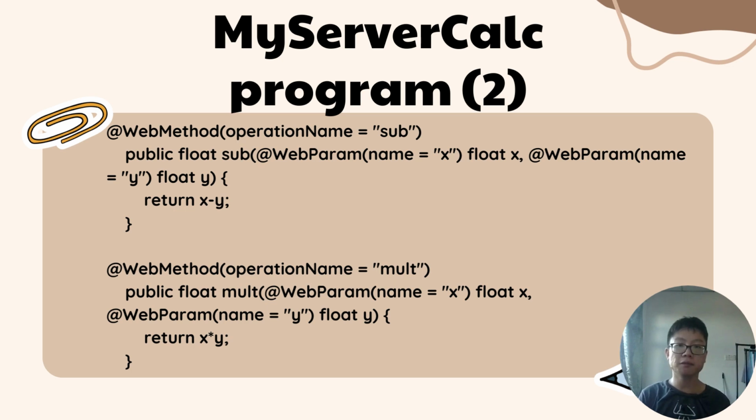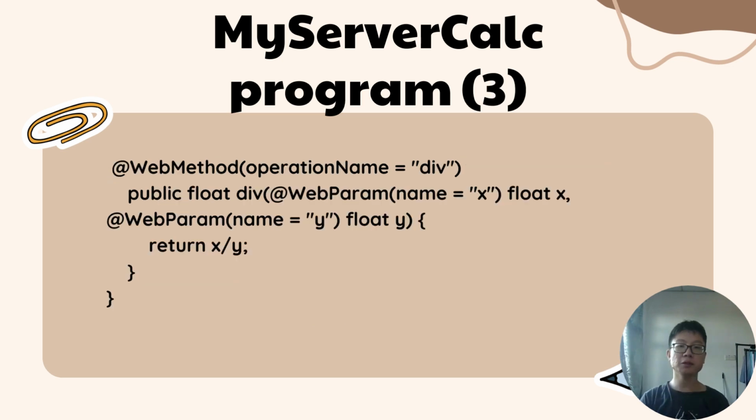The class has four methods, each corresponding to an arithmetic operation: add, subtraction, multiplication, and division. These methods are annotated with @WebMethod to indicate that they will be exposed as web service operations. Each method takes two input parameters x and y, which represent the operands for the respective arithmetic operations.